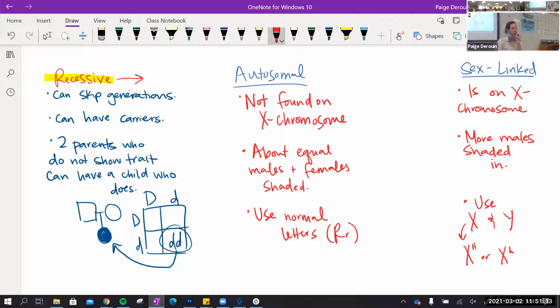We're gonna go all the way back over to the left to the picture we started with, and we're gonna solve the pedigree.